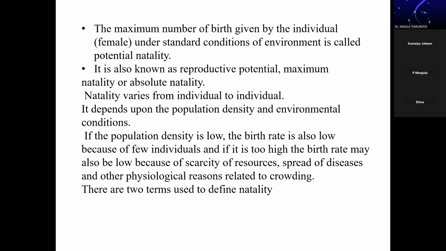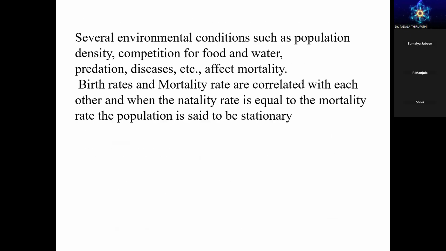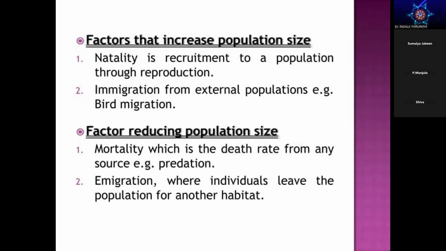Okay, so next, the factors that increase the population size are natality, which mainly helps in increasing the population through reproduction, and immigration, that is from an external population moving into that area. An example for this is bird migration.